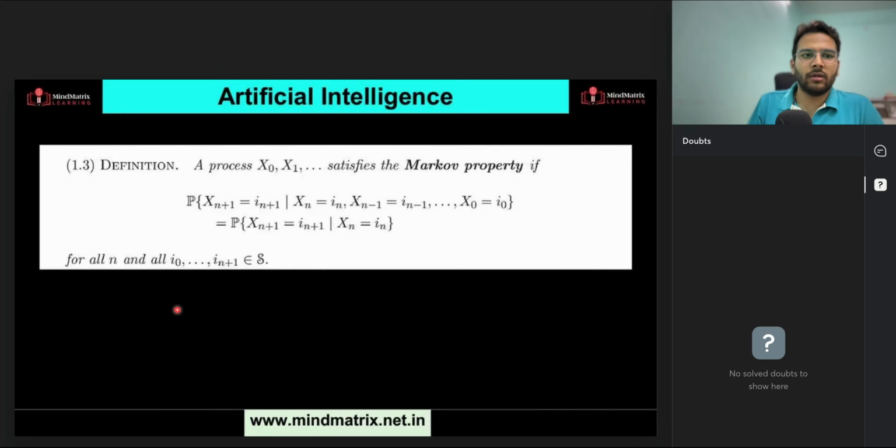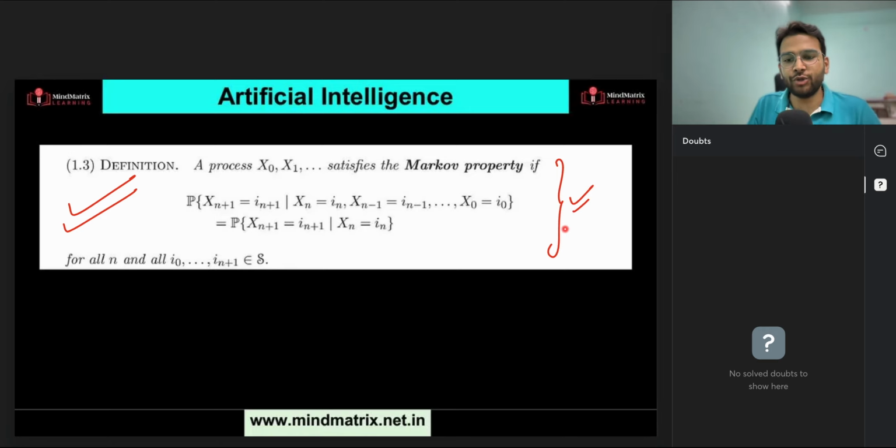In a formal way, this is the proper definition. What is more important for you is that you must know what the Markov property is. This is the first thing. The second thing you should understand clearly is the components in the Markov chain, from whatever we have discussed so far. Clear? Okay.